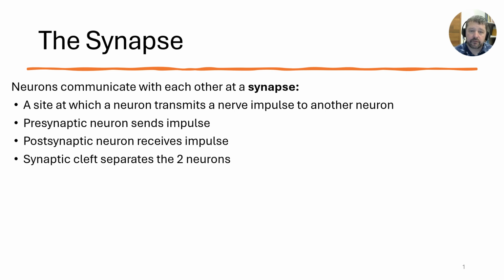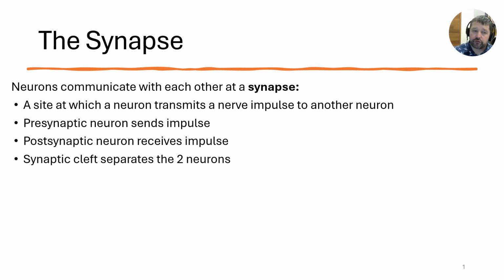Okay. So a presynaptic neuron is the neuron that's sending the impulse. A postsynaptic neuron receives the impulse. Okay, so prior to synapsis, presynaptic, that neuron sending the impulse; postsynaptic, after synapsis, that neuron receives it.